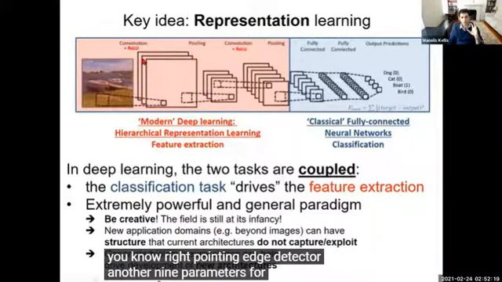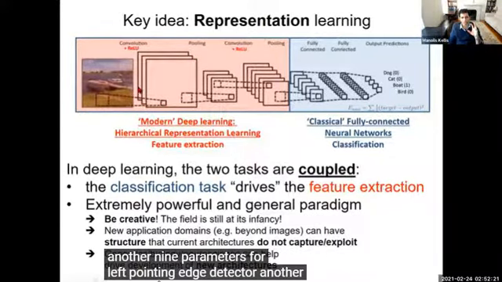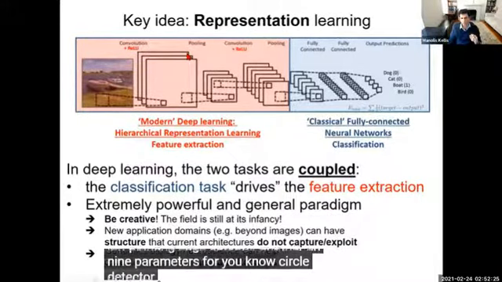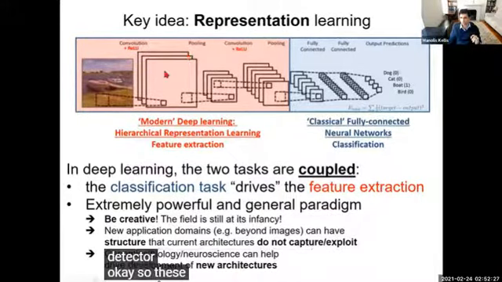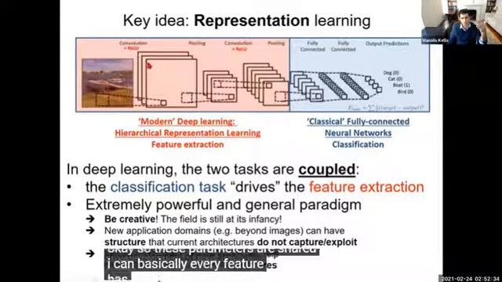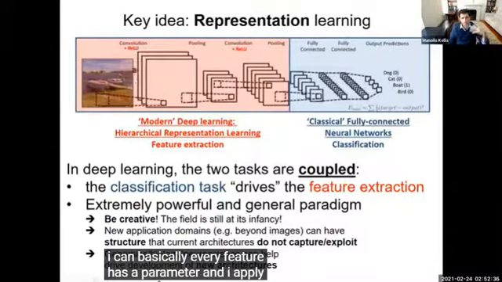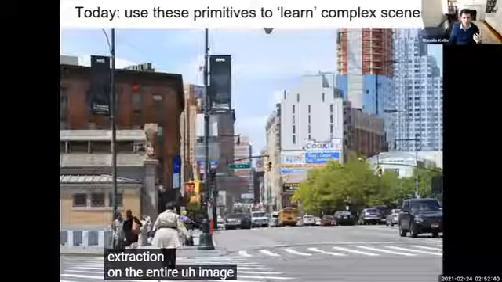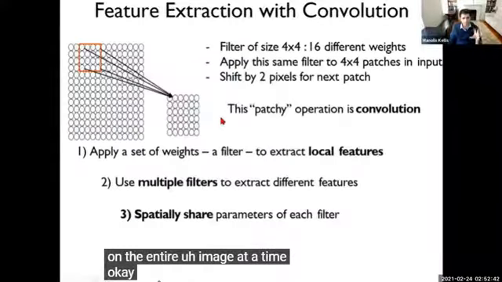Another 9 parameters for a left pointing edge detector. Another 9 parameters for a circle detector. Okay. So these parameters are shared. Basically every feature has a parameter, and I apply that feature extraction on the entire image at a time.